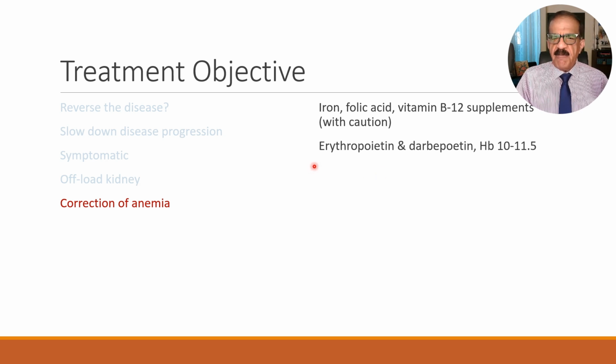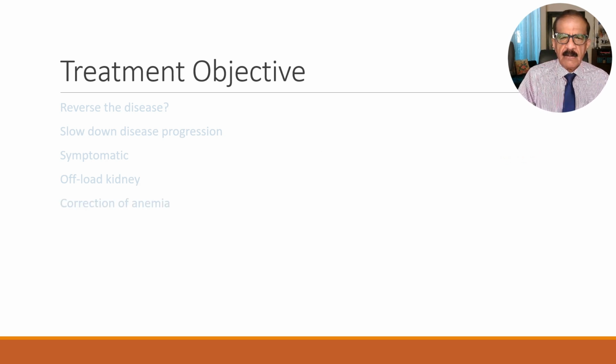Not every patient, if somebody's Hb is already above 10, that patient might not be given erythropoietin, and you have to keep it between 10 and 11.5 to maintain good quality of life. Going beyond 11.5 is not desirable. So that was the correction of anemia.